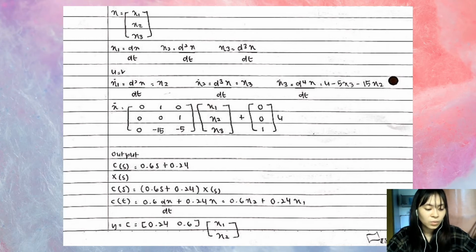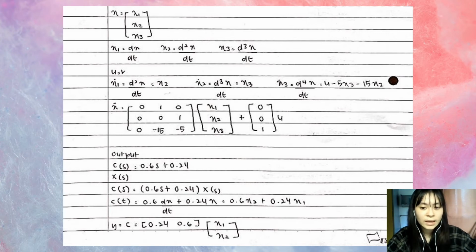Then we'll put in the equation u equal to r, where x1 dot is d squared x over dt squared, which is x2. x2 dot is equal to d cubed x over dt cubed, which is x3, and x3 dot is d to the power of 4 x over dt to the 4, which is u minus 5x3 minus 15x2.